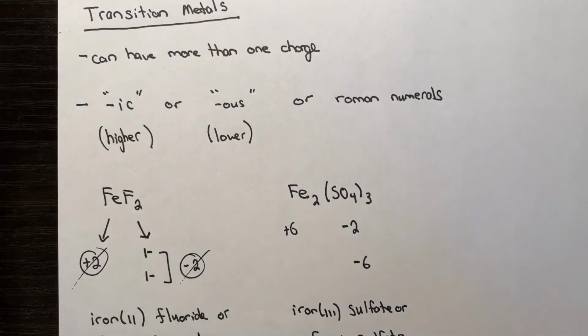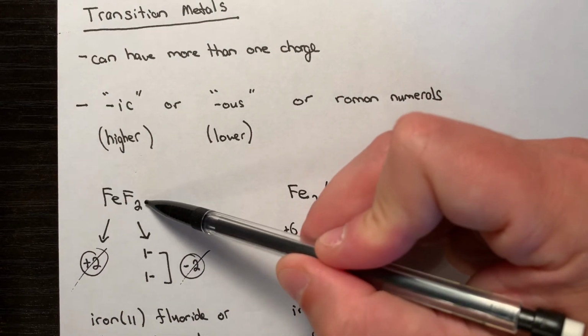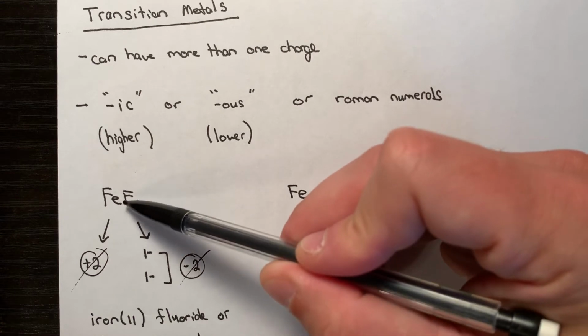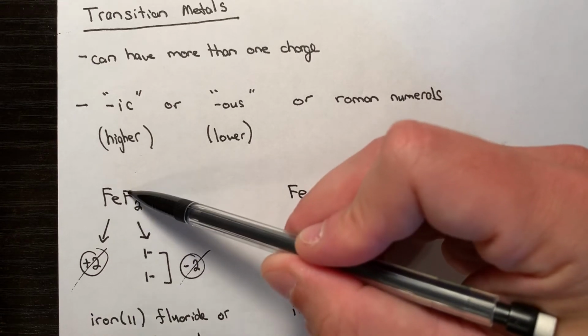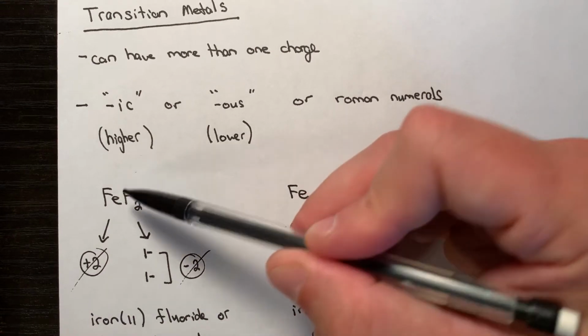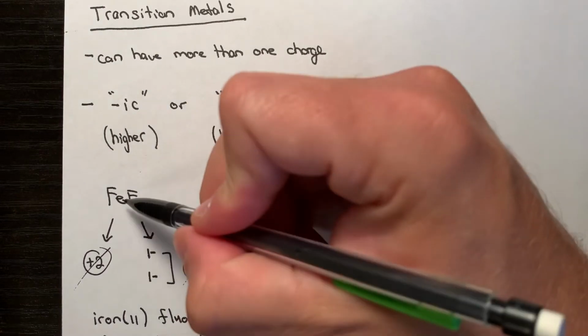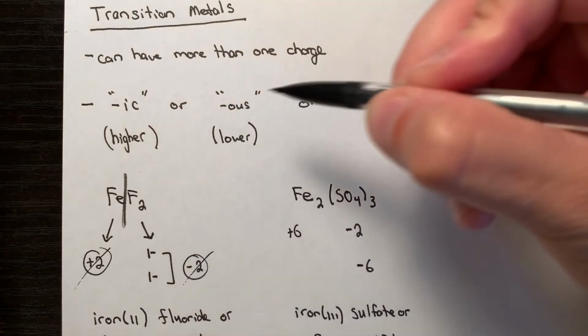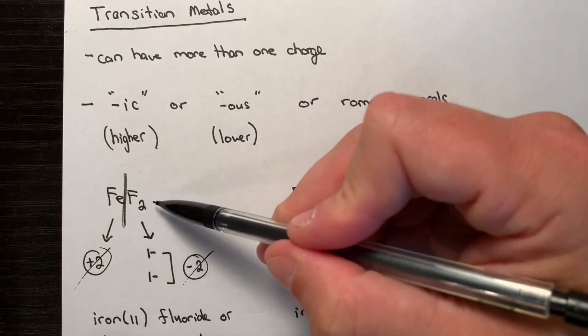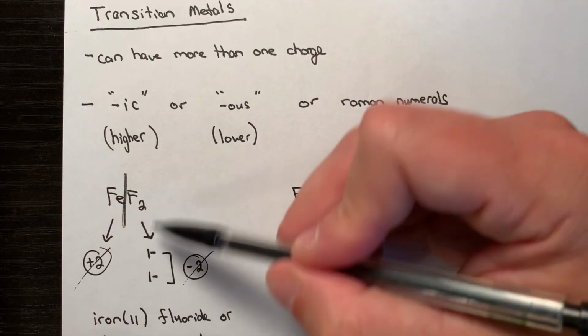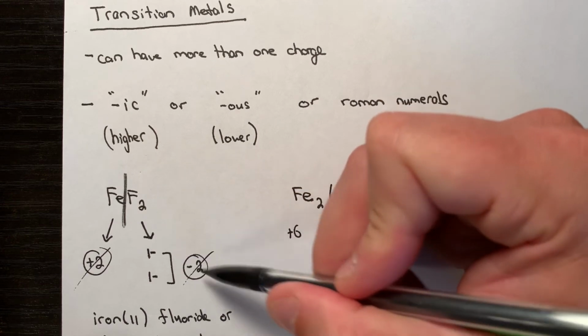The way we do that is we figure out what is going on with our anion. In this case, we identify that fluorine, or fluoride, carries a -1 charge, and there's two of them. So I break this up almost into two separate parts, where the anionic side of our compound formula carries a -2 charge.